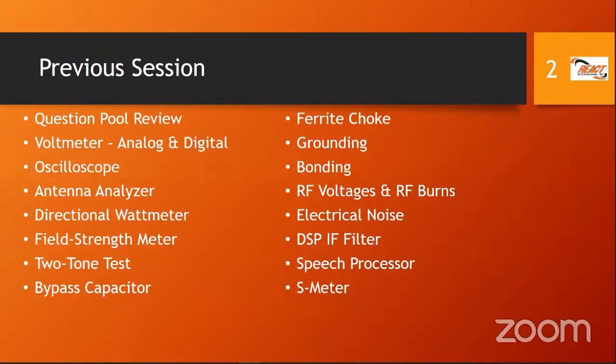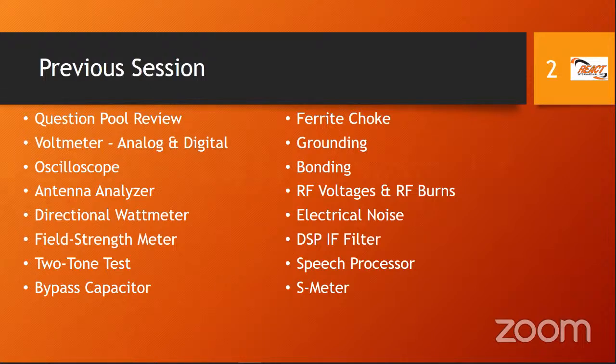During our previous session, we had our usual question pool review. We also looked at what the voltmeter, the two types are analog and digital. We also discussed other pieces of test instruments and tools, the oscilloscope, antenna analyzer, directional wattmeter, and the field strength meter. We also looked at what the two-tone test was.